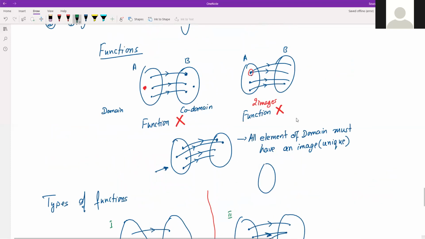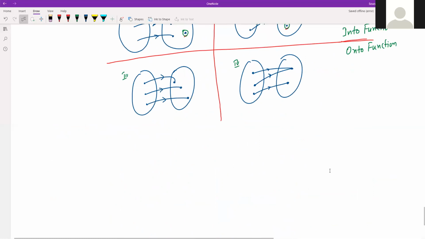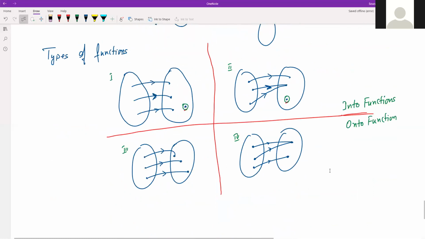Here one element has two images, that is not allowed. But two elements can have the same image, but one element having only one image. That's what we had said in the restriction, that one element should have only one image. So if we consider that, there is no issue. The only thing here is two or more than two elements may share one image.